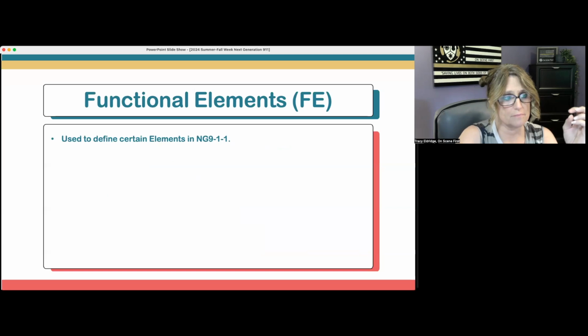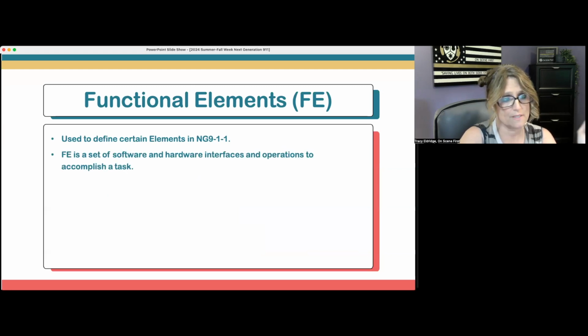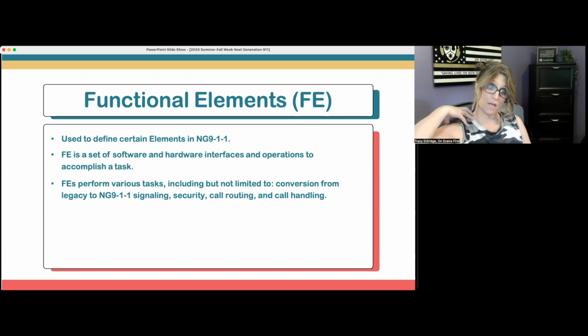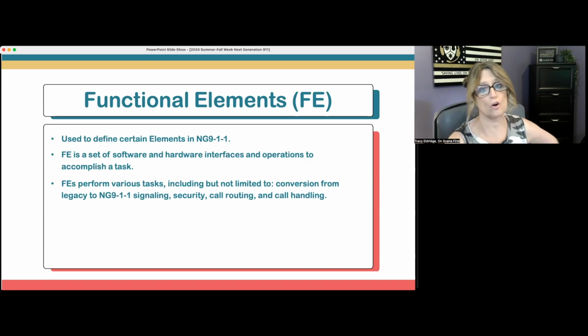Functional elements. Functional elements are used to define certain elements in the next gen 911 system. Functional elements are a set of software and hardware interfaces and operations to accomplish a task. FEs perform various tasks, including but not limited to conversion from legacy to next-gen signaling, security, call routing, and call handling.